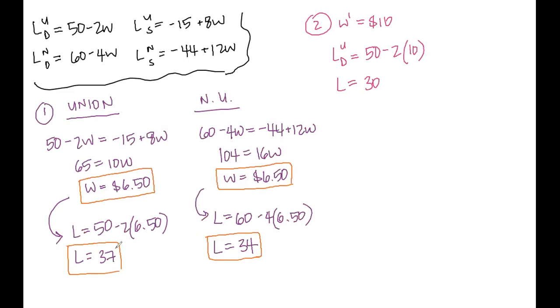So if it was 37 and it's now 30, we can see that 7 workers lost their jobs. And I believe that's all of number 2, so we can move on to 3.